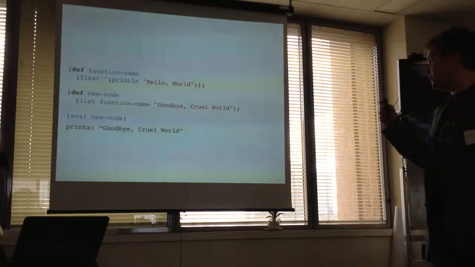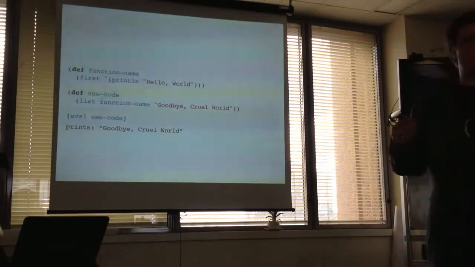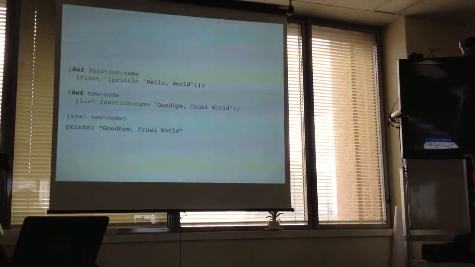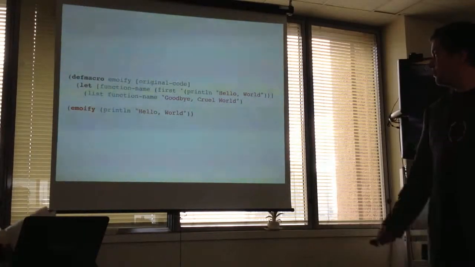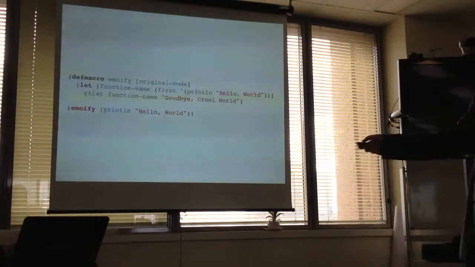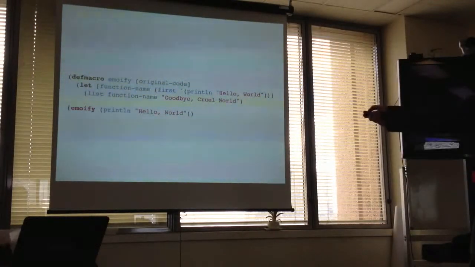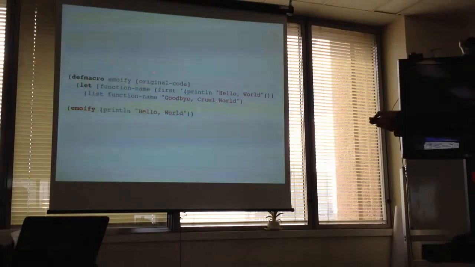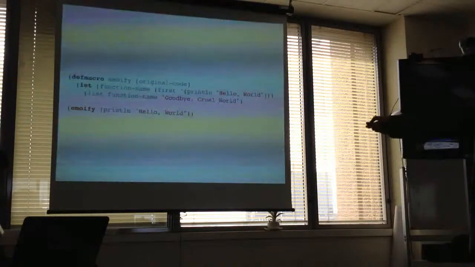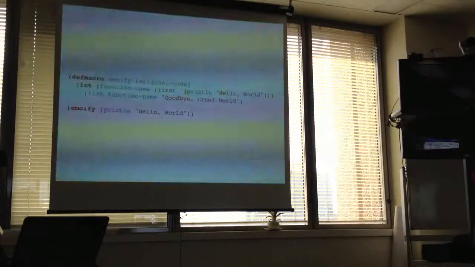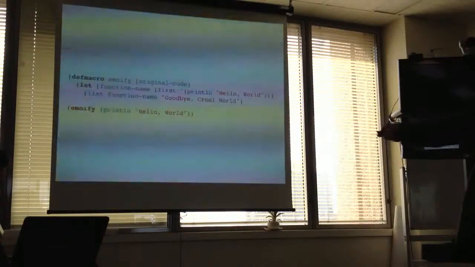So to tell the compiler that you have some transformations you'd like to happen at compile time, we use defmacro. So here we're defining the emilify macro. It will be passed in some original code, and there's kind of an error in this slide. This code over here is the same as this code down here.